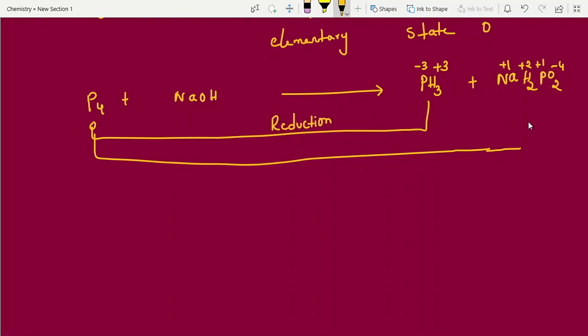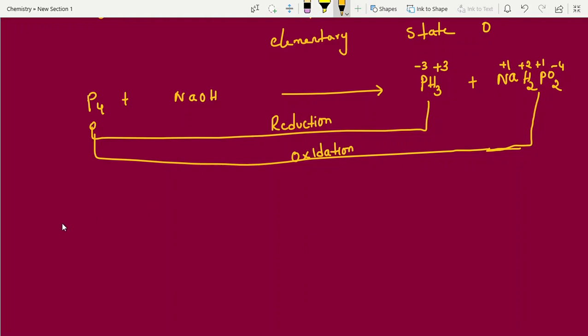Clear? Next, this one. What happened here? Oxidation. That's it. If you see one time on the left hand side and the same element two times on the right hand side, 100% it is a disproportionation reaction. Clear students? Like that, you have to work out the remaining questions also, whenever there are sulfur or nitrogen cases.